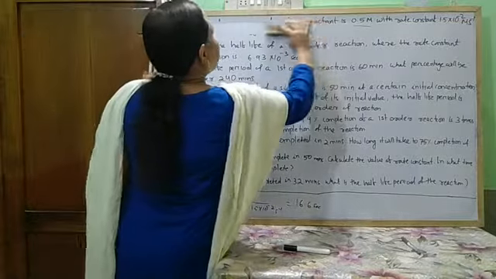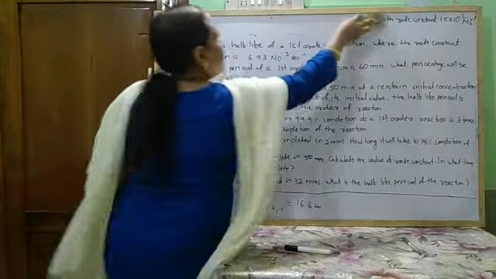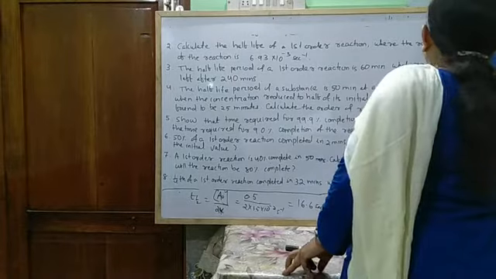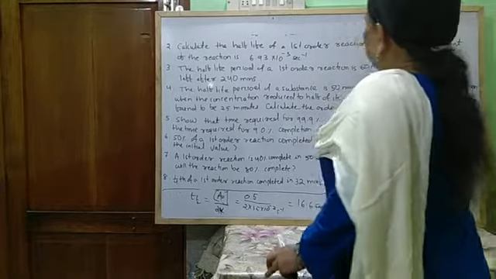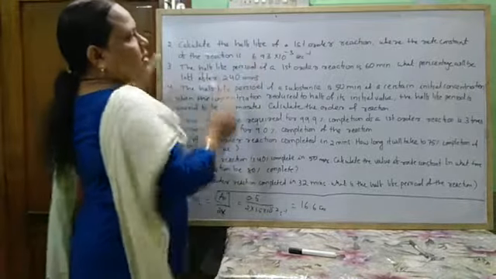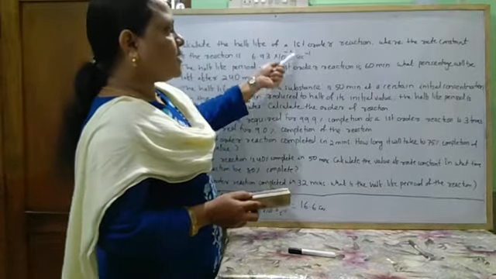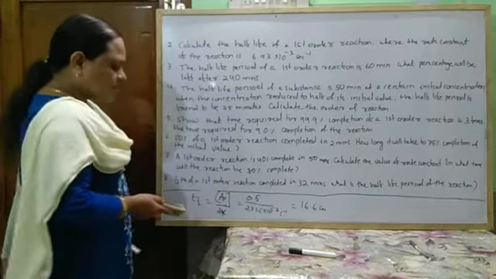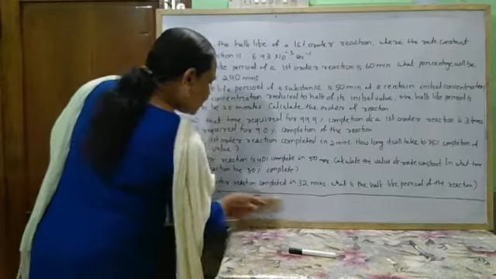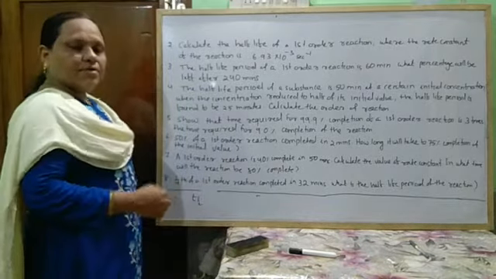Come to the next question. Calculate the half-life of a first order reaction where the rate constant of the reaction is 6.93 × 10^-3 second inverse. For the half-life period, the general equation is t half proportional to (mole liter inverse) to the power 1 minus n.